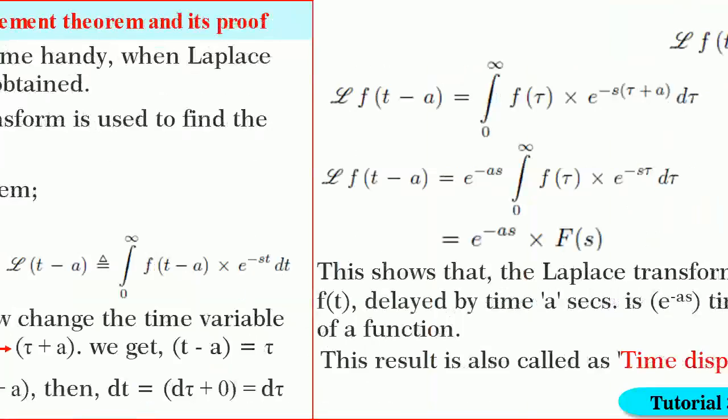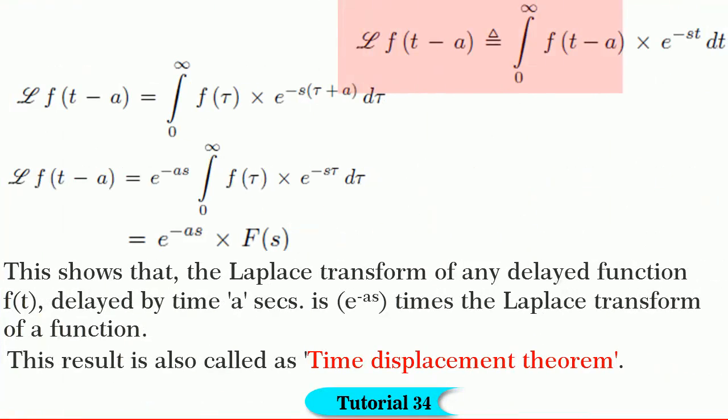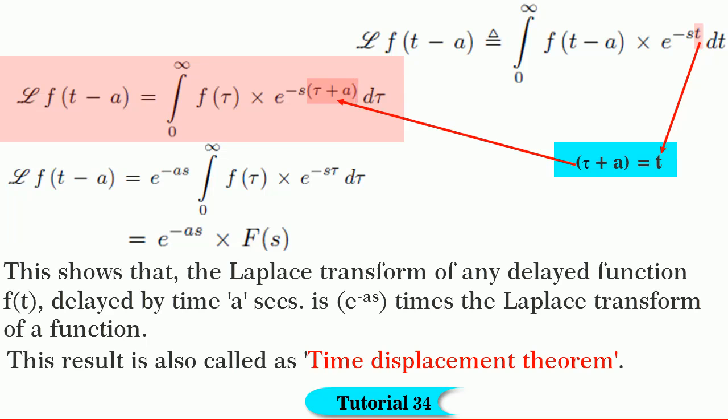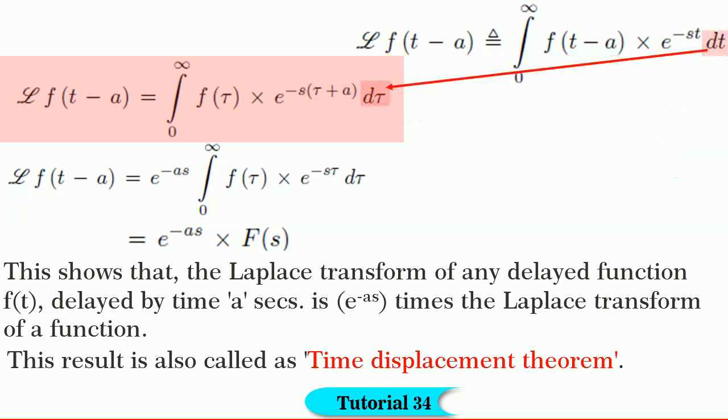So, the equation for L of f of t minus a can be written as L of f of t minus a is equal to integration from 0 to infinity f of tau into e to the power of minus s into bracket tau plus a into d tau. In the term e to the power of minus s into bracket tau plus a, e to the power of minus as is constant. Note that.